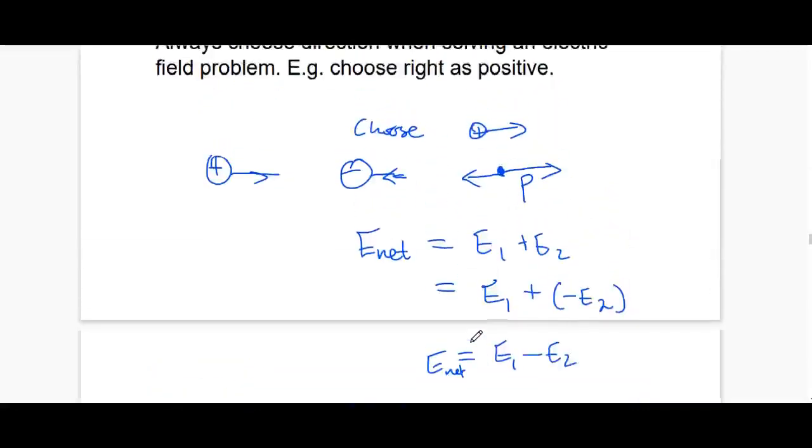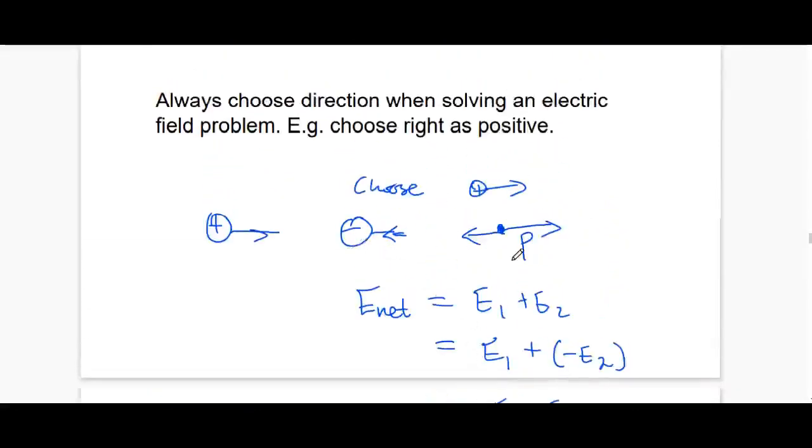Okay, so you choose the direction with respect to this point. Do not be confused by other field lines, like the one that is going in that direction. We are not interested in that direction. We are interested in this direction. Okay, so we are interested in P, you see. So what is the net electric field? The net electric field will be given by a resultant vector of these two vectors.